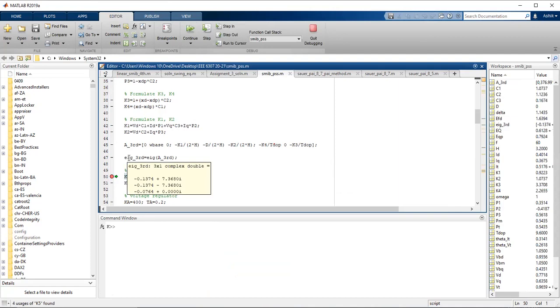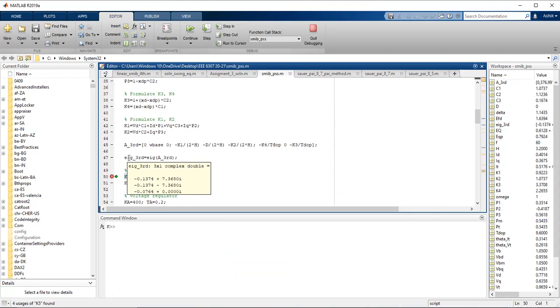So we can see that in that example from the Sauer and Pai book, that is example 8.7, the third order system is stable. However, among the three, there is one pair which is complex conjugate, and there is another real eigenvalue, which is pretty close to the y-axis, but still it is negative.